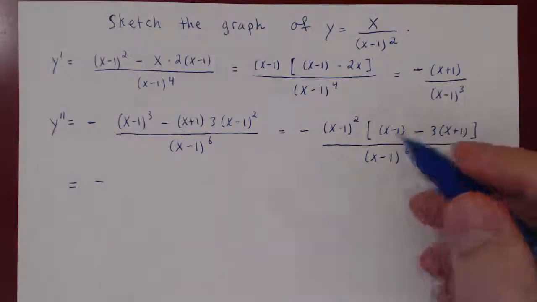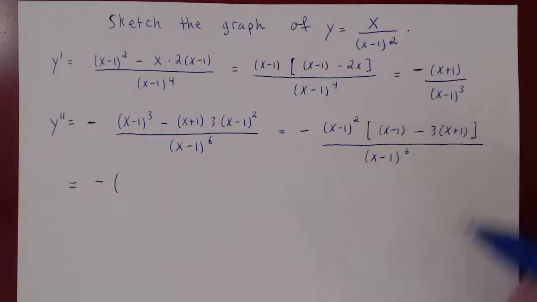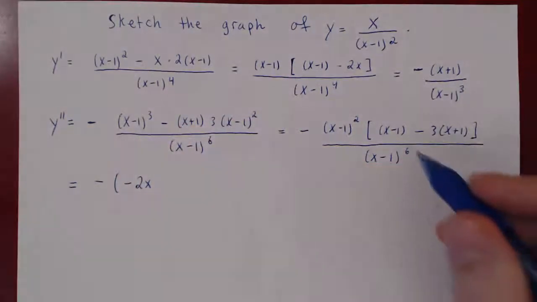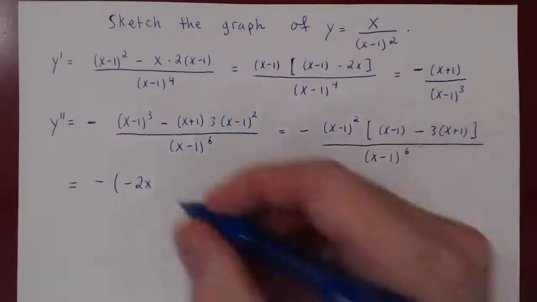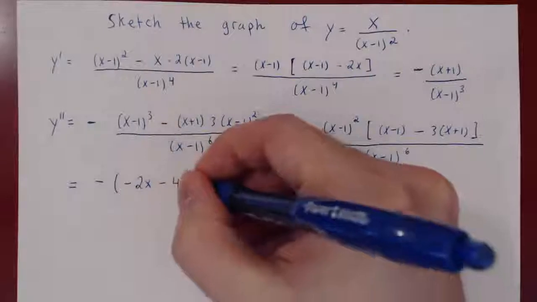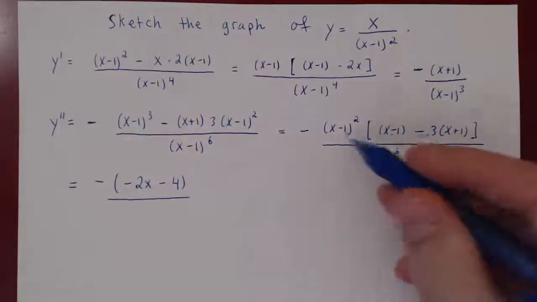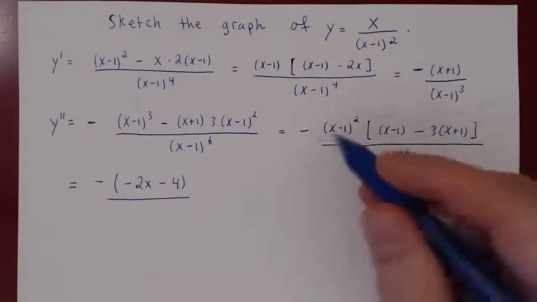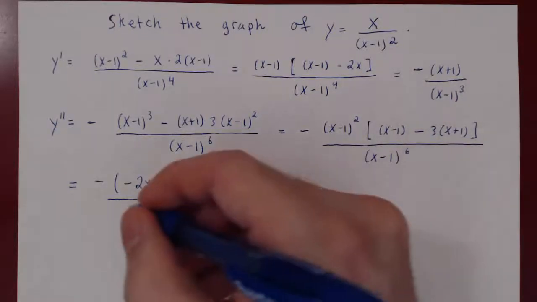Let's see what we have here. Open your parentheses. X minus 3x, so negative 2x. Negative 1, negative 3 times 1, negative 3, which gives you negative 4. Over, if you cancel an (x minus 1) squared on top and on the bottom, you're left with (x minus 1) to the power of 4 on the bottom.